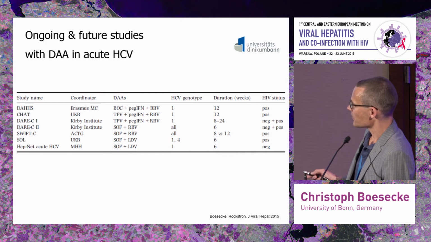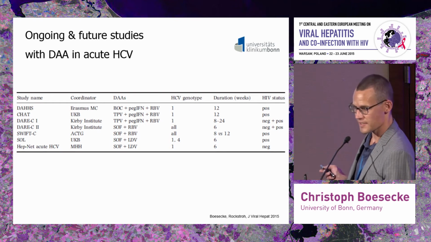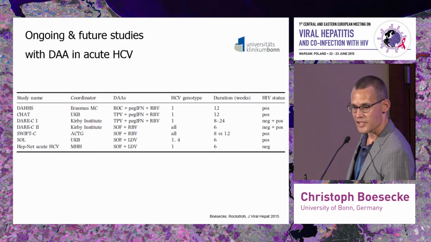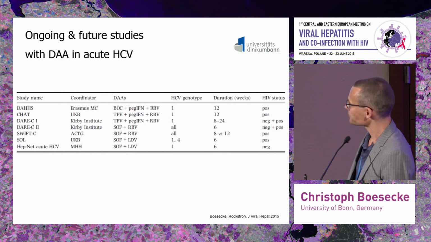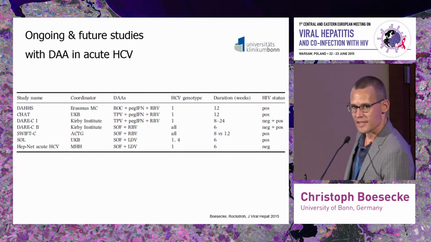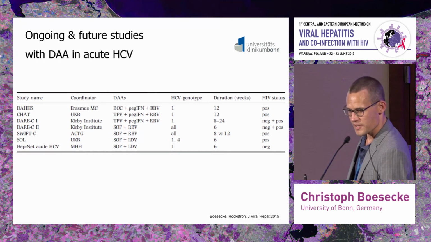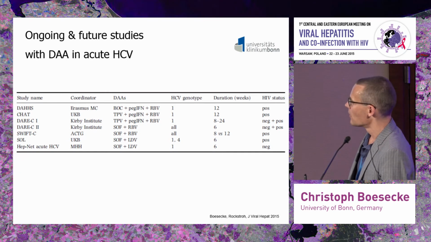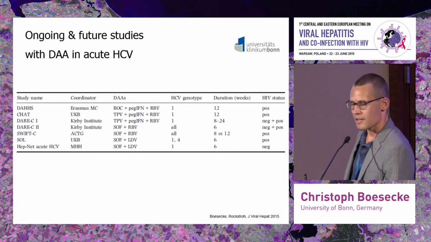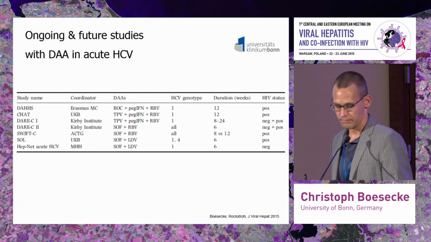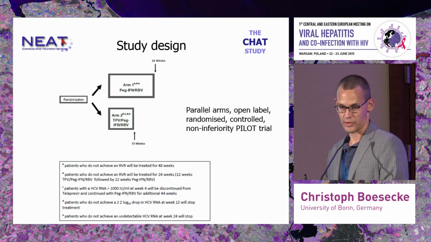The Australians are very busy as well in assessing DAAs in HIV negative and positives. And there's currently a study ongoing assessing ledipasvir and sofosbuvir in the setting of acute hepatitis C co- and mono infection in Germany and the UK, which I will also show you.